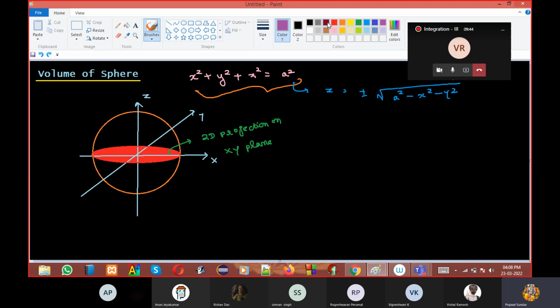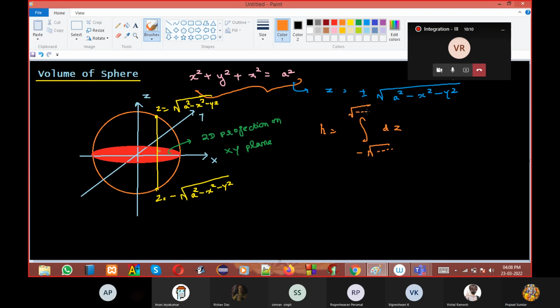For this point, the height function is going from z equal to minus root of a squared minus x squared minus y squared, till z equal to plus root of a squared minus x squared minus y squared. So the height function I can write as the integral dz from minus root of a squared minus x squared minus y squared to plus root of a squared minus x squared minus y squared.